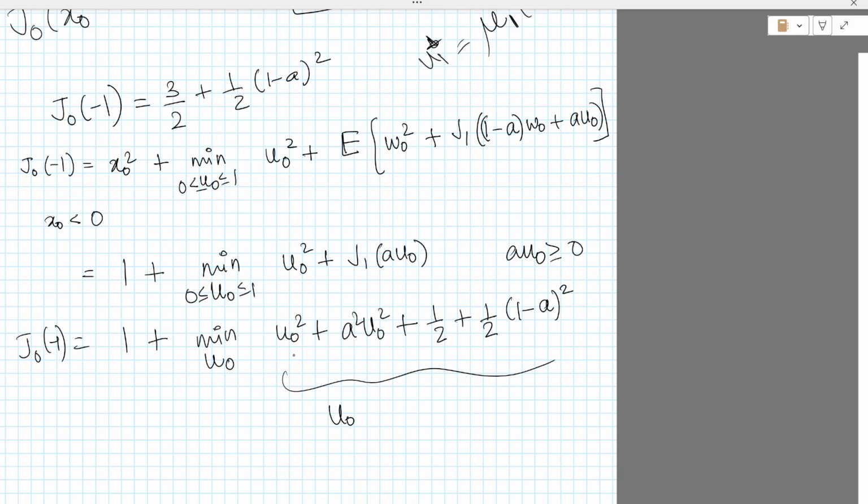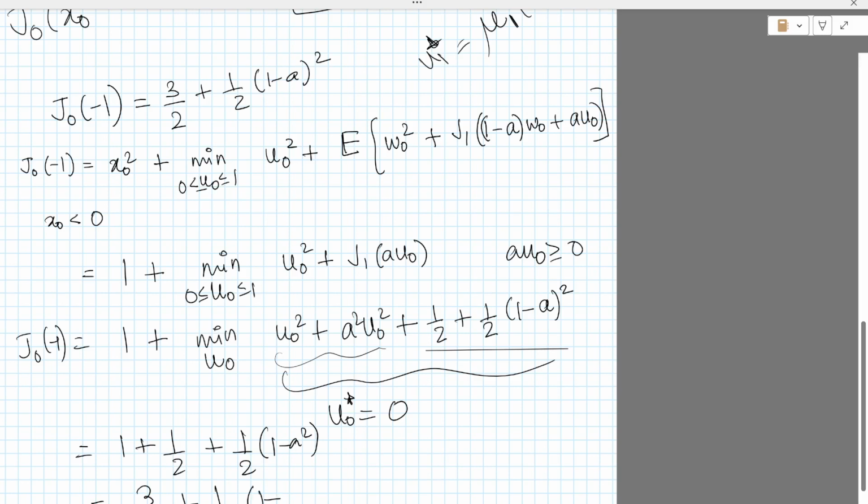So basically you need to only minimize over this term. This is independent of u. So the minimum of this quadratic will be u0 equal to 0. So this cost is 1 plus 1 by 2 plus 1 by 2 into 1 minus a square, which is basically 3 by 2 of 1 minus a square.